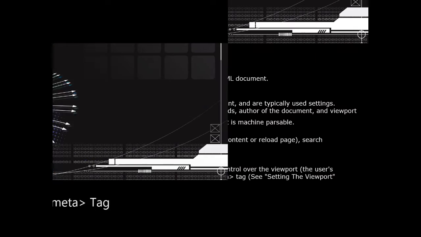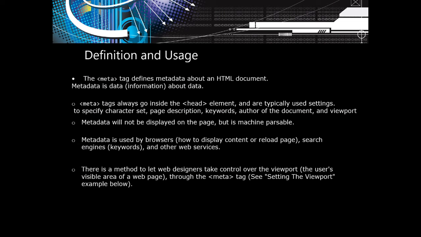Let's start. First of all, what is a meta tag? A meta tag is something used to add extra information to our website. Metadata will never display on the web page.